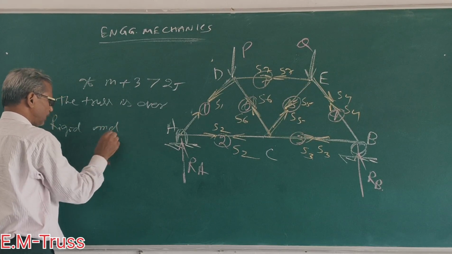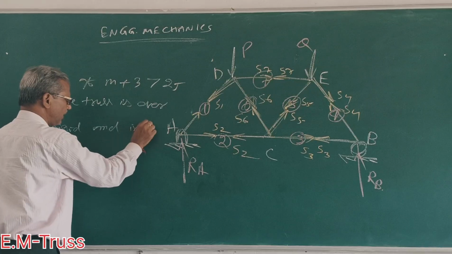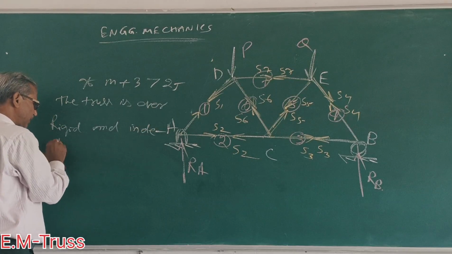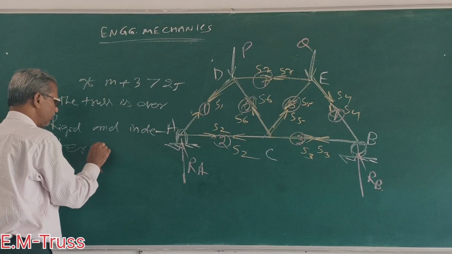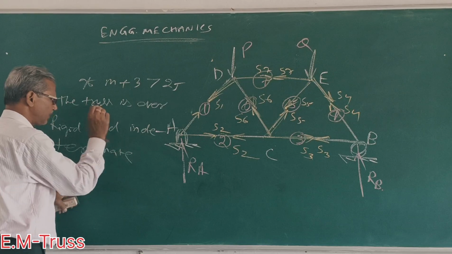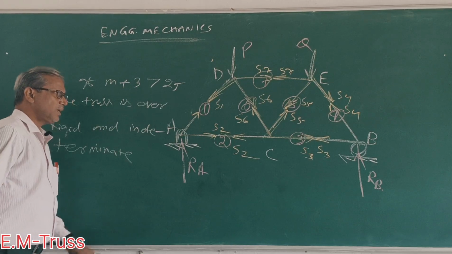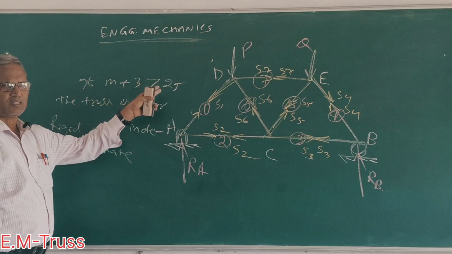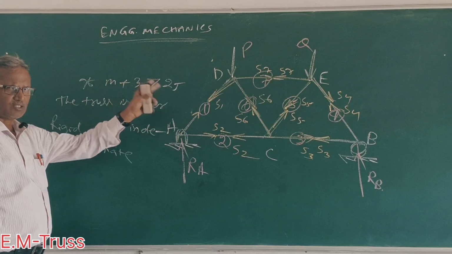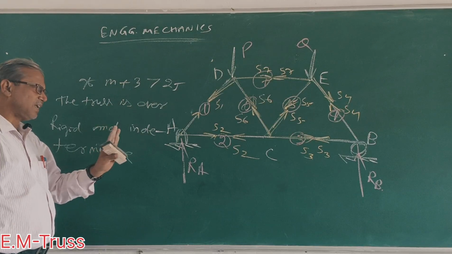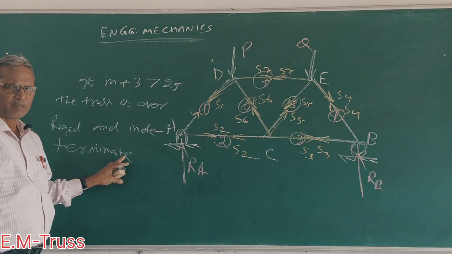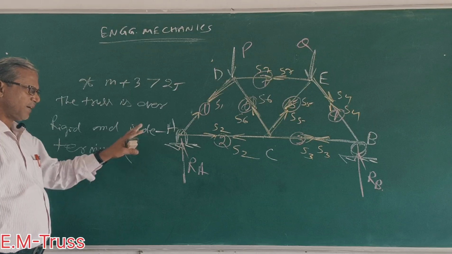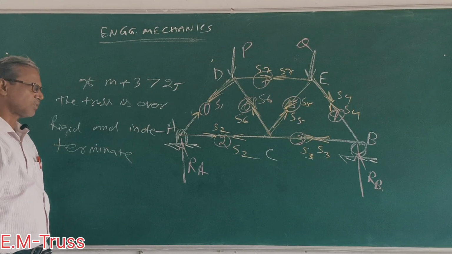If members are more than required, the truss is over rigid, totally indeterminate. The problem cannot be solved to find the forces in the members.